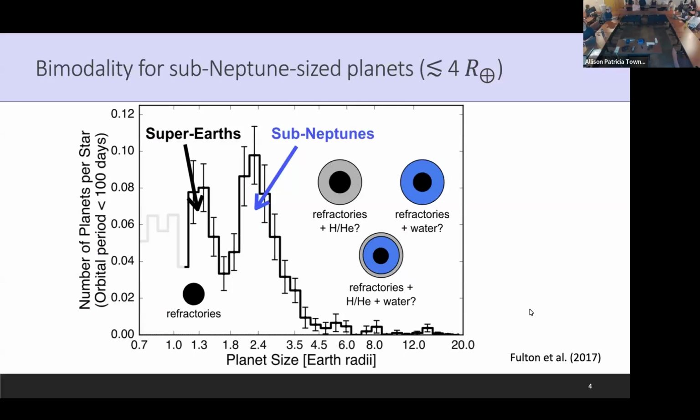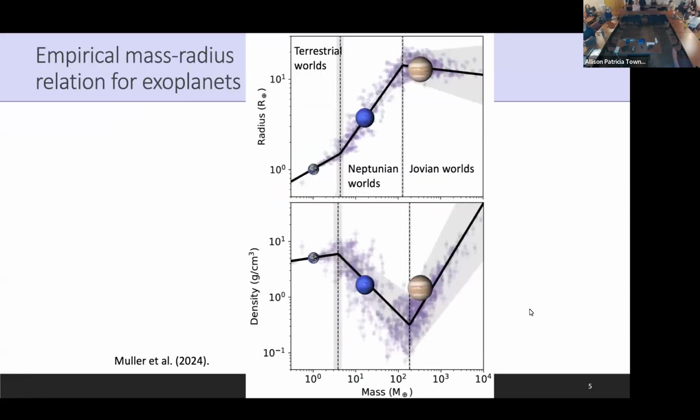And if we look at the lower mass regions, in 2017, Fulton detected a radius gap around 1.7 Earth radii, separating the super-Earths and the sub-Neptunes. And these different types of planets have different radius as well as density.